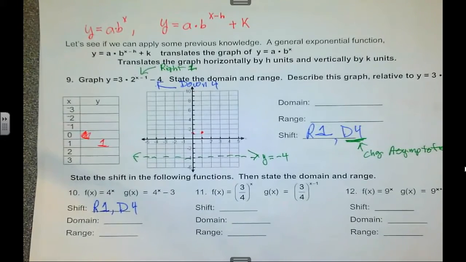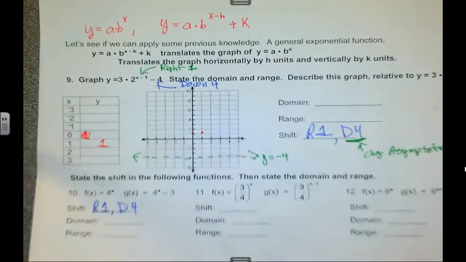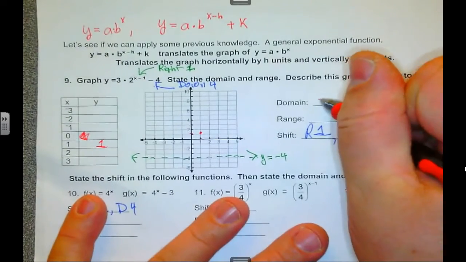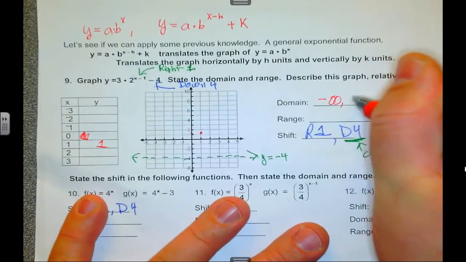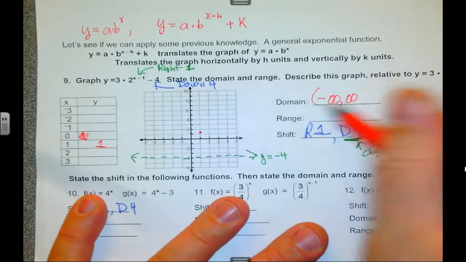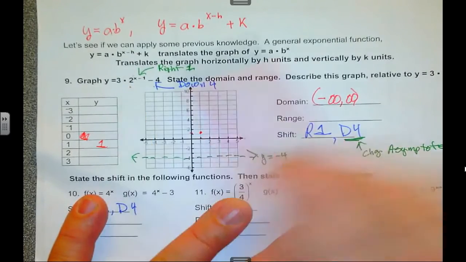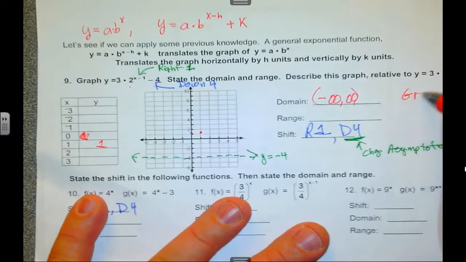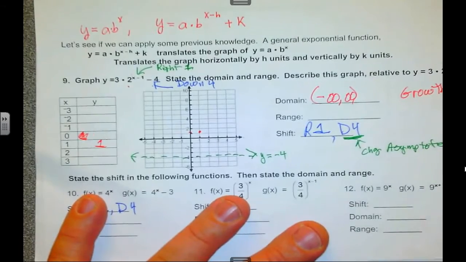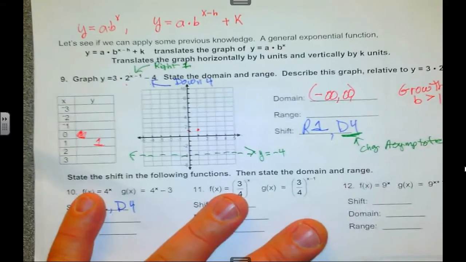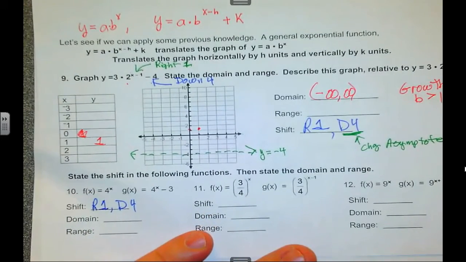What's my domain? We could do this even without graphing the graph. Yeah, negative infinity, positive infinity, right? We know that it's growth, right? All this stuff without even graphing it. We know that it's growth because b is greater than 1. What's my range?